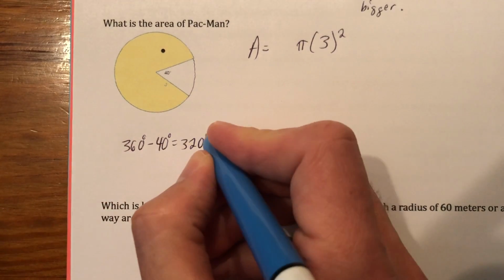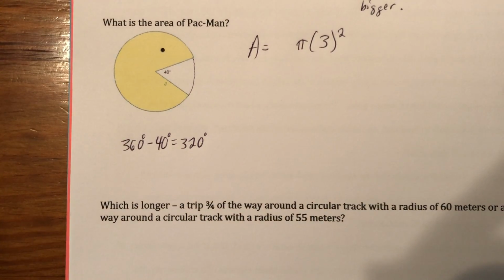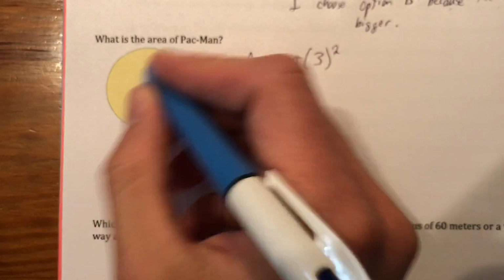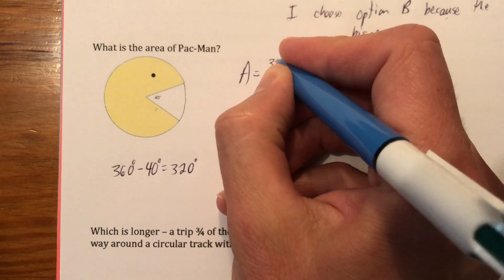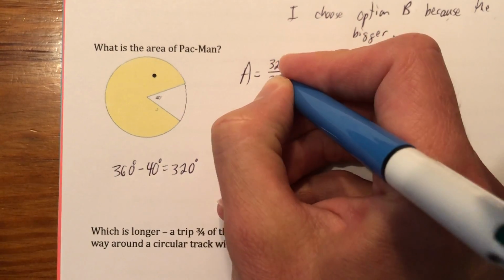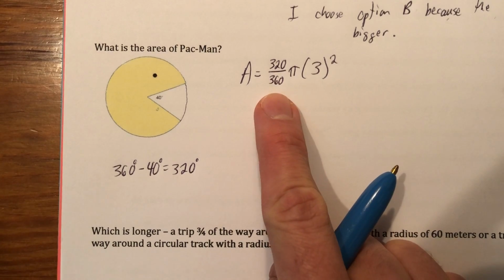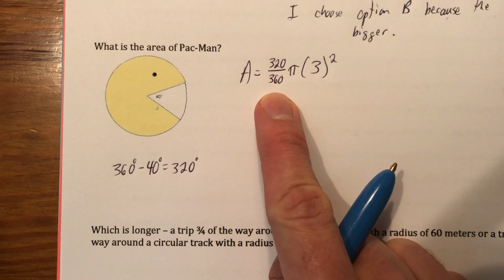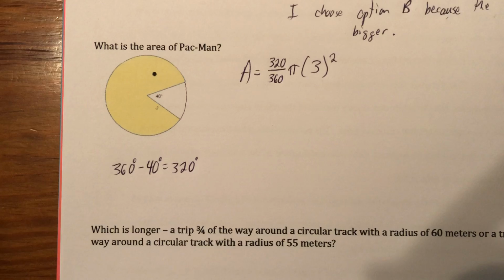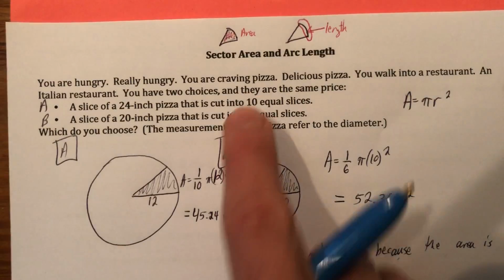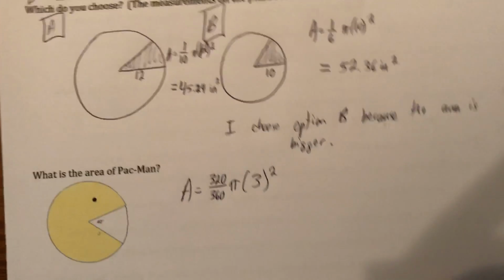There's what I don't have, so this is what I do have. And I need a fraction. I need to know how much of this circle I really do have, how much of this circle is really yellow. So, well, 320 out of 360 degrees is yellow. So all you have to do for this part is just put a fraction in there that represents what you do have, and it's always based on your angle measurement, or the direct fraction that they give you, excuse me.